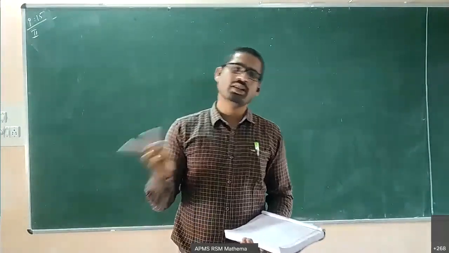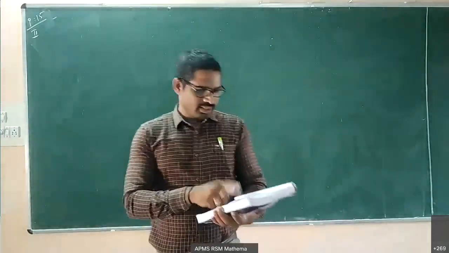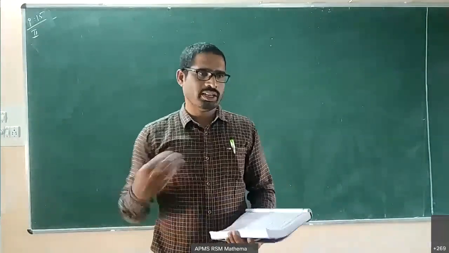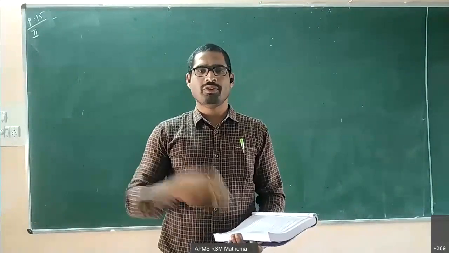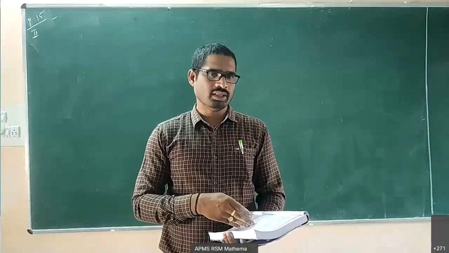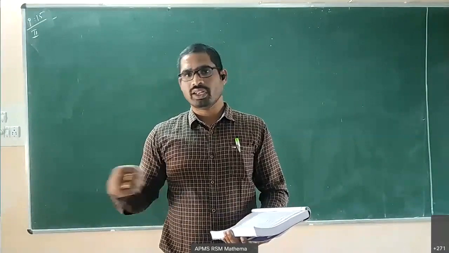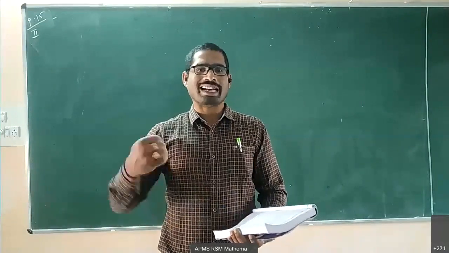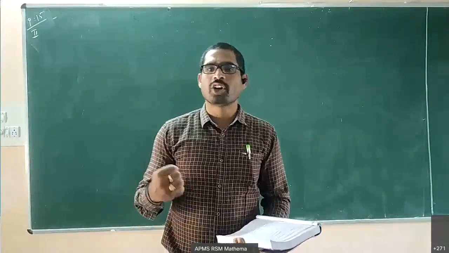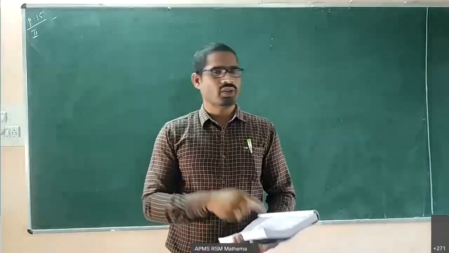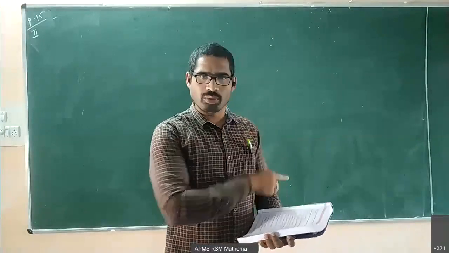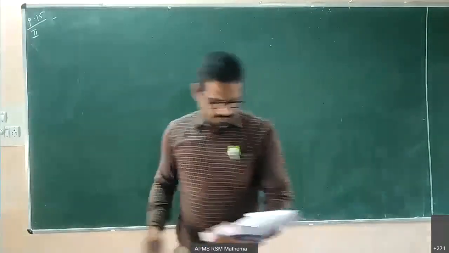We take the first as Z1 and the second one as Z2. We simplify the first complex number, arrive at a result, and show that the result is the complex conjugate of Z2. A similar problem is there in the example, so after finishing this, I'll write down that problem. You have to solve it.